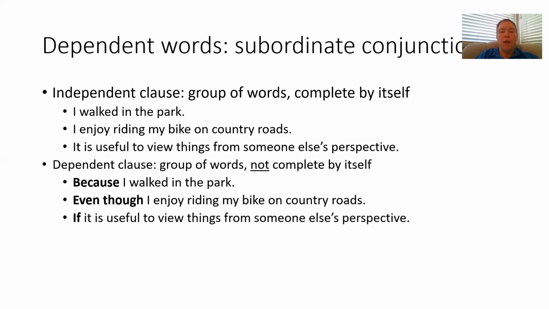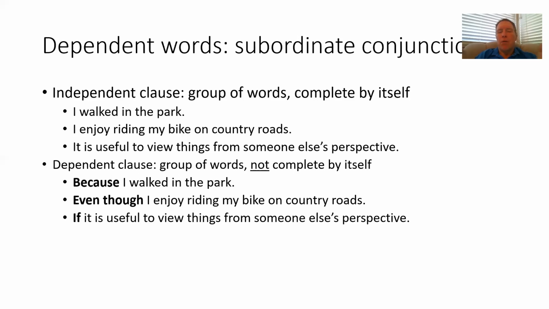And this is one really helpful and easy way to be able to recognize a dependent clause. That these dependent clauses begin with what I call dependent words. The dependent word is also known as a subordinate conjunction in formal grammatical terms, but dependent word goes easy. It makes sense. It's easy to remember.